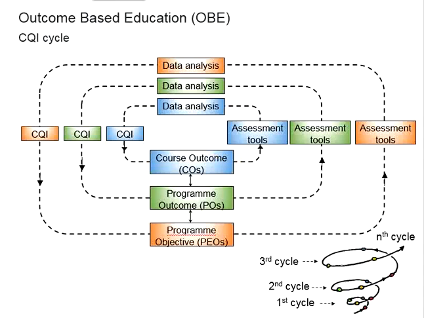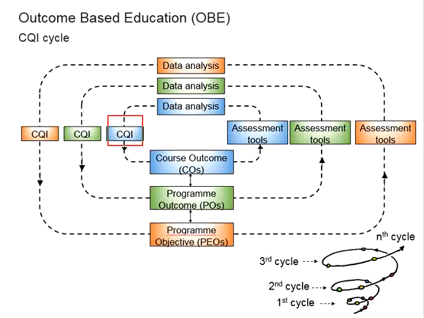Now, based on the results, you will evaluate the strengths and weaknesses of that particular course in various aspects, such as the teaching and learning activities, the assessment methods, and so on and so forth. And you will keep the strengths as well as propose improvements for the course outcome level.